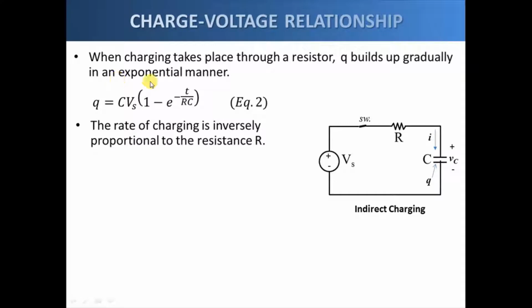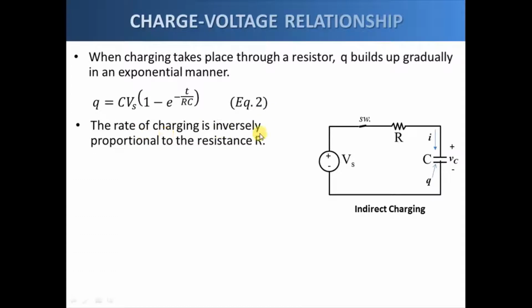In fact, it will be charging the capacitor in an exponential manner given by this relationship. We'll derive this later, once we go to a more detailed examination of RC series circuits. Now let's call this equation 2.